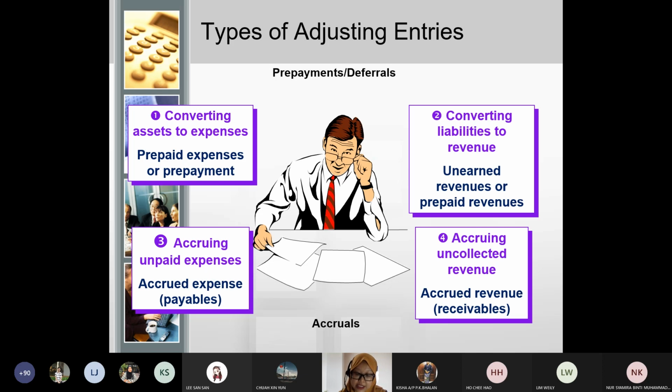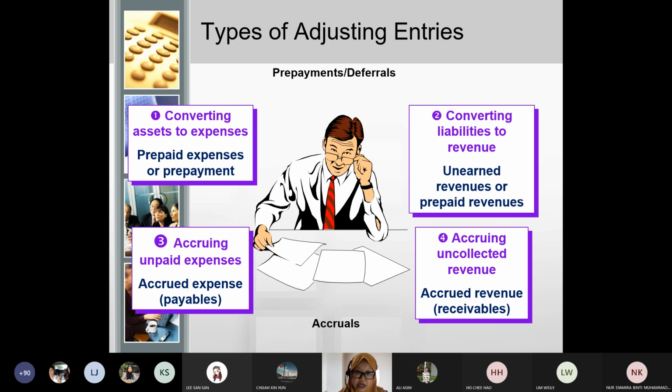This category includes prepaid or deferred expenses and also unearned revenue or deferred revenues. The second category is when cash is paid or received after the expense or revenue is recognized. This is what we call accruals.